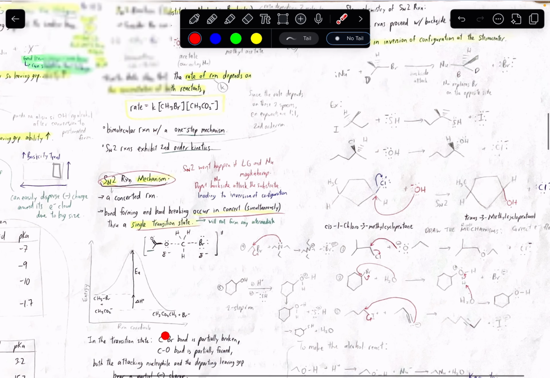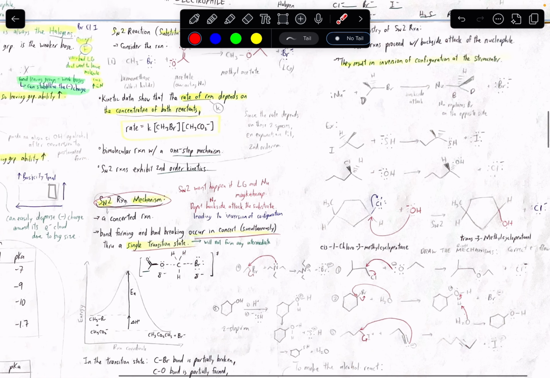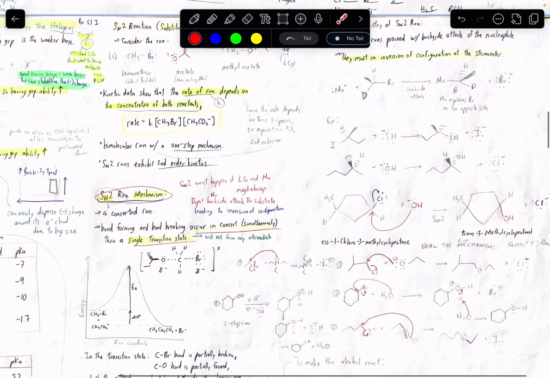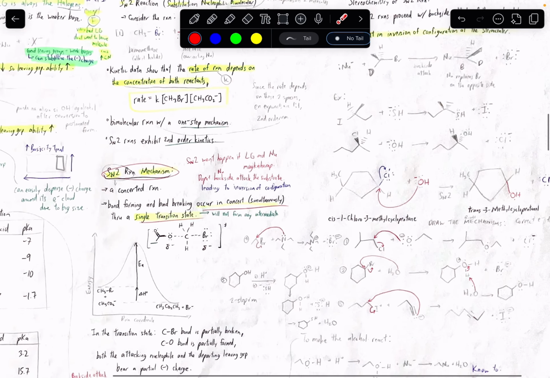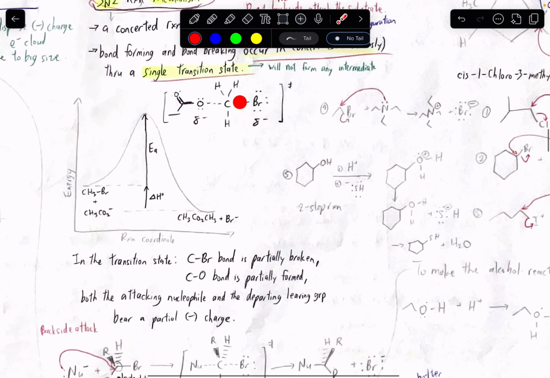So initially, the carbon-bromine bond hasn't been broken yet, right? But in the transition state, it's partially broken. And the carbon-oxygen bond, oxygen coming from the acetate, the nucleophile, is being partially formed. That's what this illustration means.